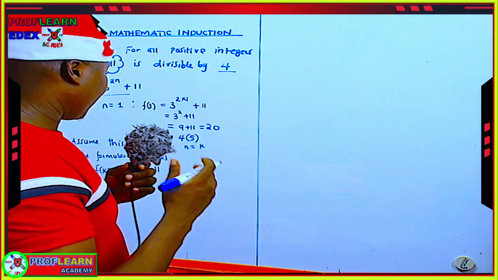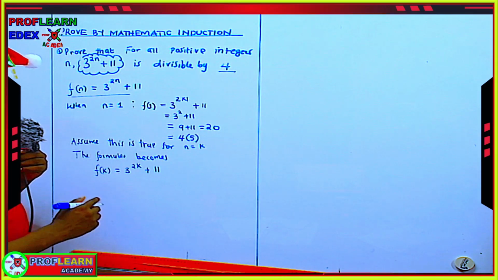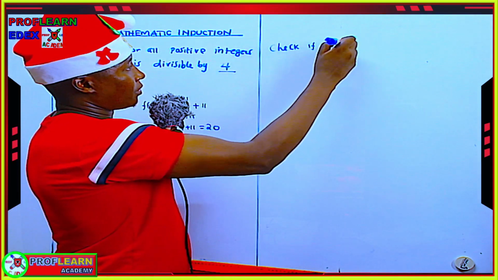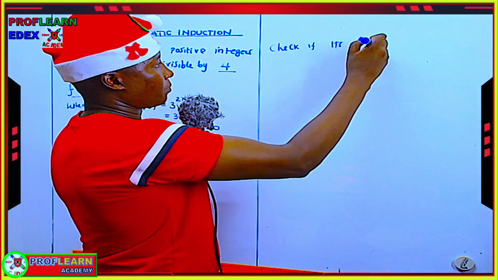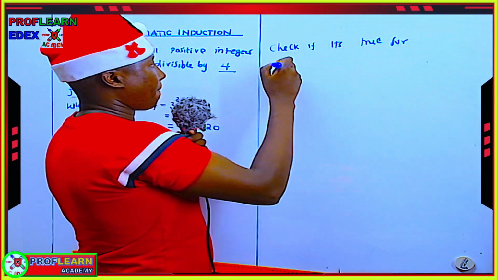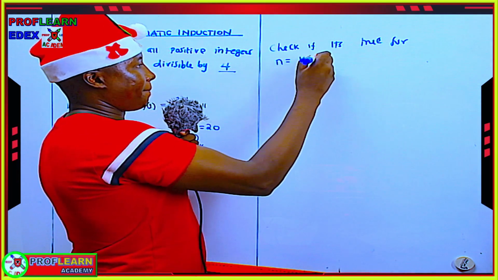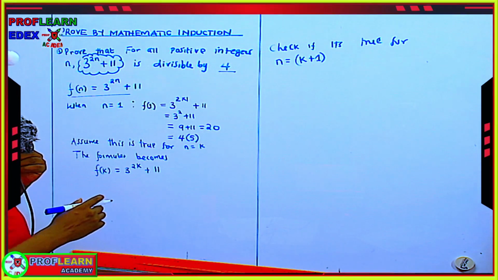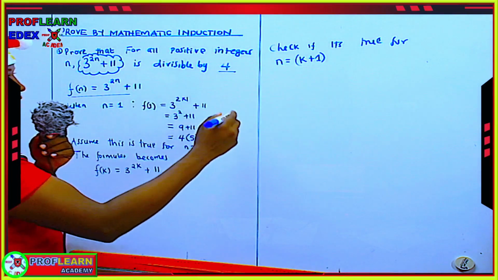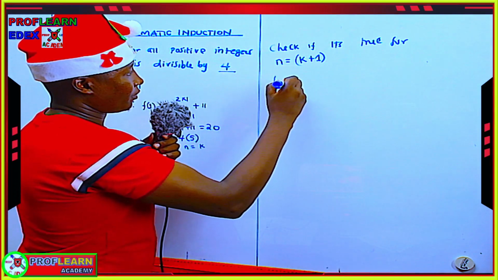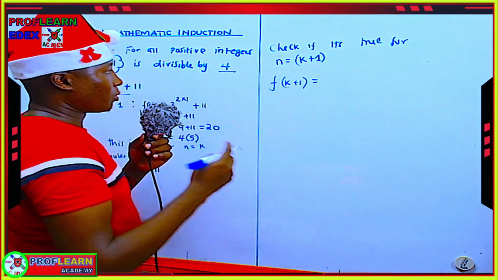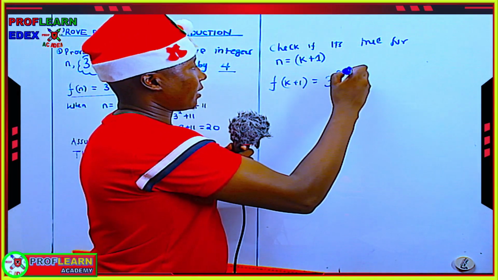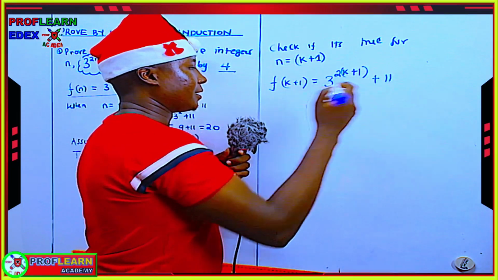The next stage is to check whether it's true for n equals k plus 1. We write this expression in terms of the above, so f of k plus 1 is going to be 3 raised to the power 2k plus 1, then plus 11.